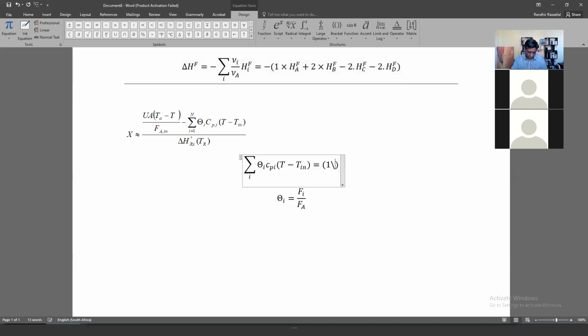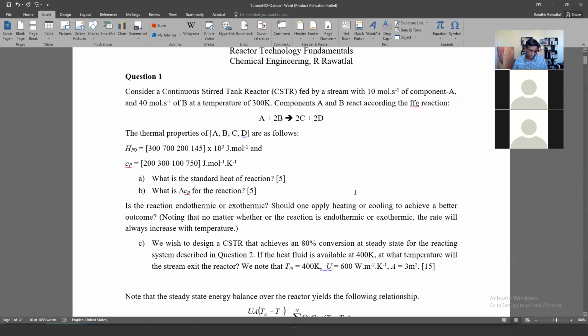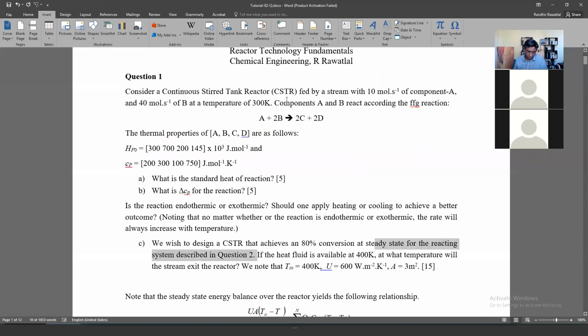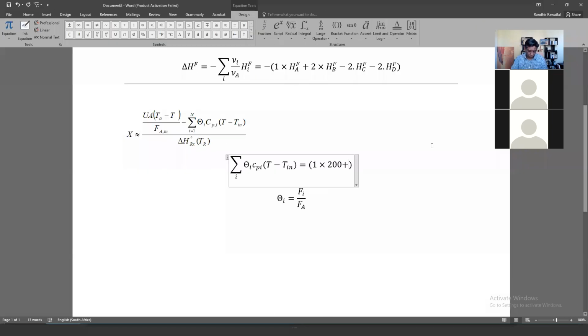So 1 times CPA. And here CP of A is 200 plus, and then CPB is going to be 40 moles per second divided by 10 moles per second times CPB.